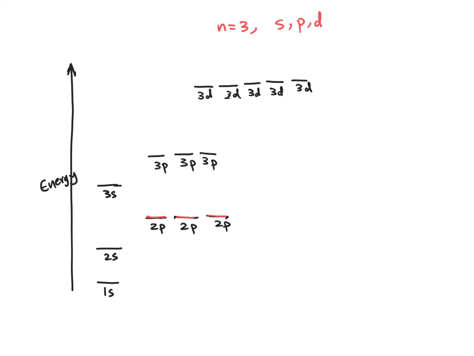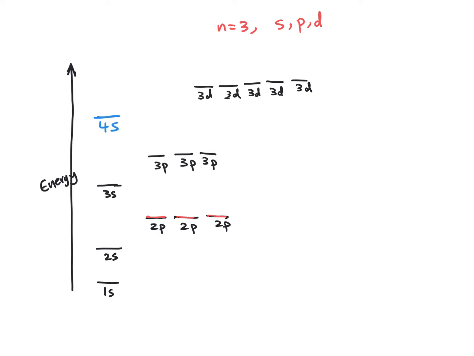So you expect that after 3s, 3p, we have 3d, right? Based on what I just told you. Does that make sense? But here we have an exception, and 4s actually has lower energy than 3d.